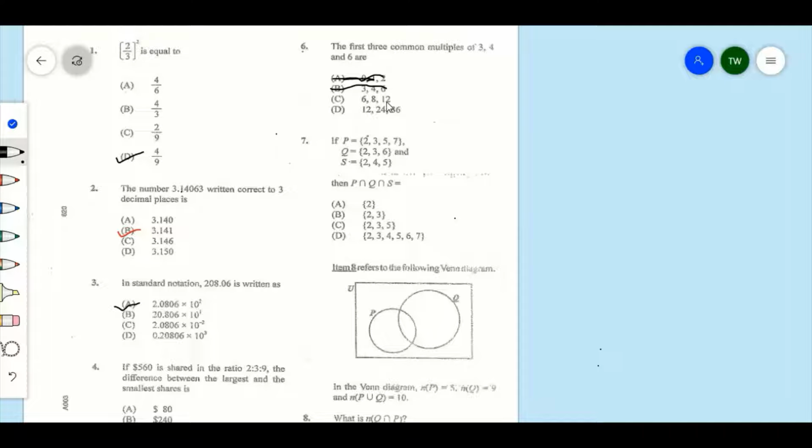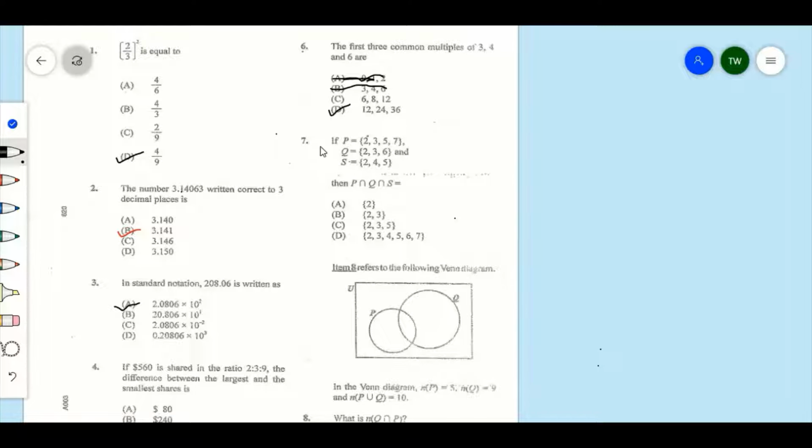And now the first common multiple of 3, 4, and 6 is going to be 12. So the second one is going to be a multiple of 12, which is 24. And the third one is going to be 36. So our answer here is going to be D, right?